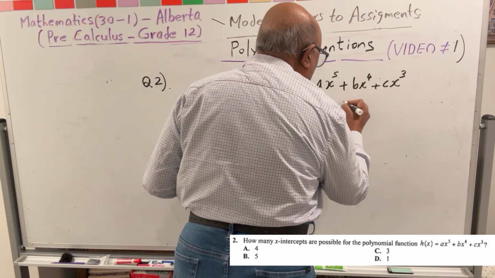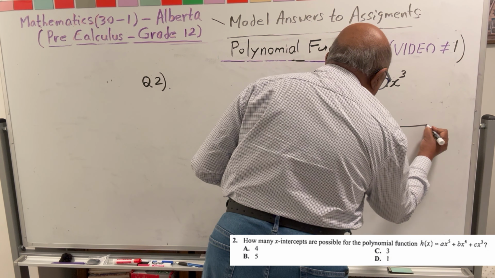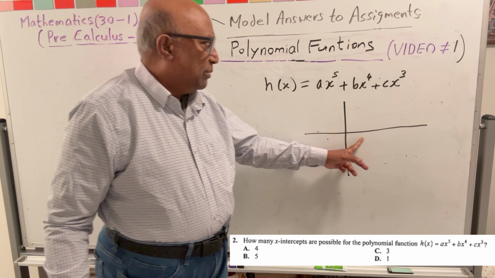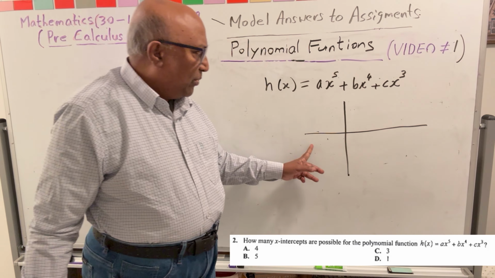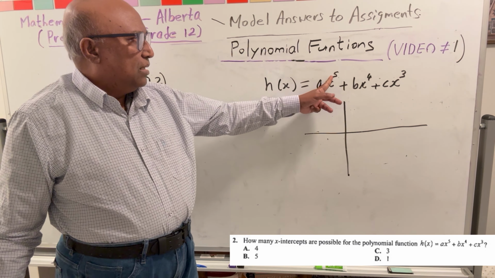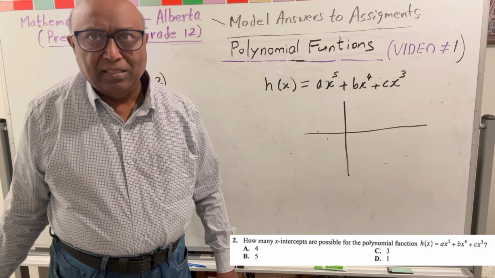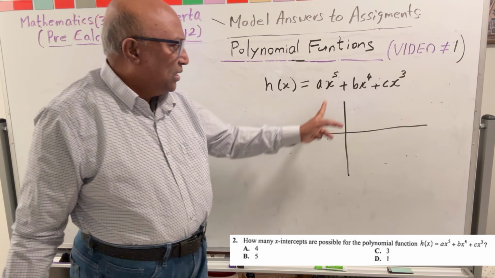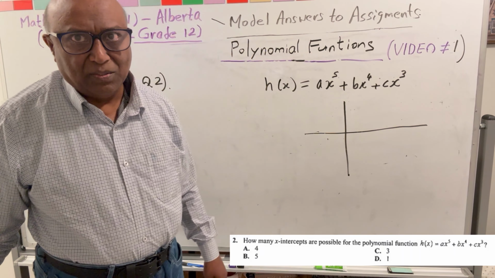That means when you plot this graph, how many maximum x-intercepts are possible for this function. Usually, the maximum number of x-intercepts is the highest power of x, that means the degree of this polynomial. If the degree is 5, the number of x-intercepts is 5 at most.